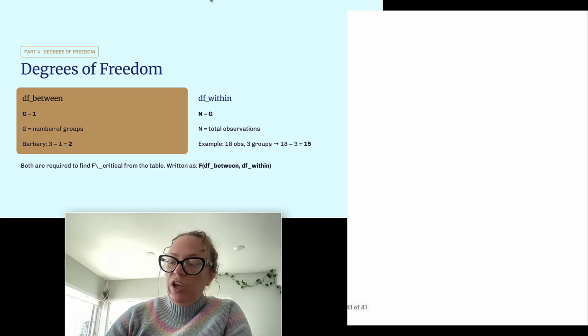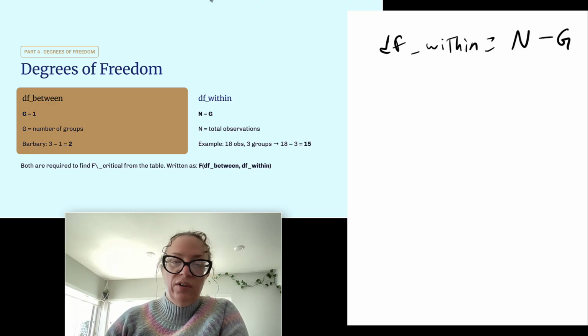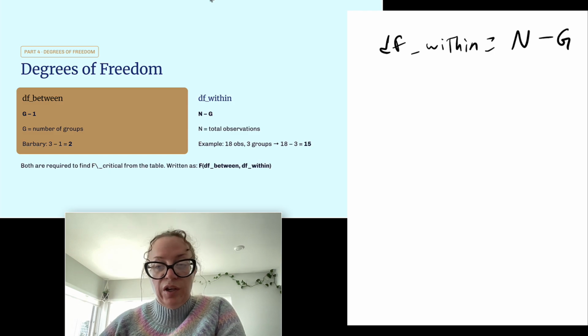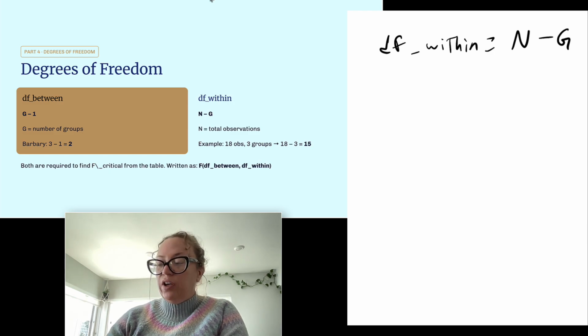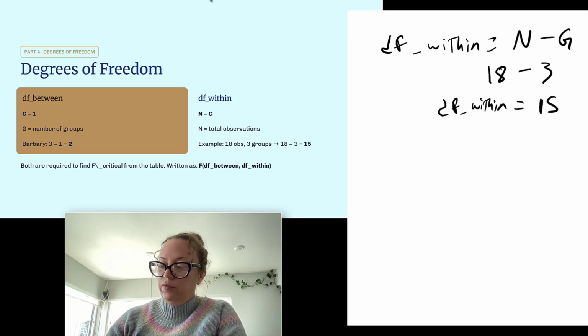Okay, so then we have the degrees of freedom within groups. Okay, and that is the total number of observations minus the number of groups. So if we have 18 total observations and we have 3 groups, then the degrees of freedom within equals 15.